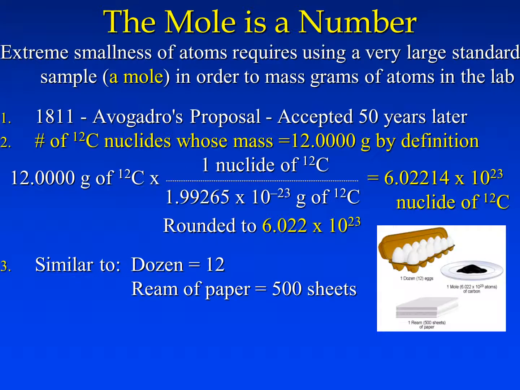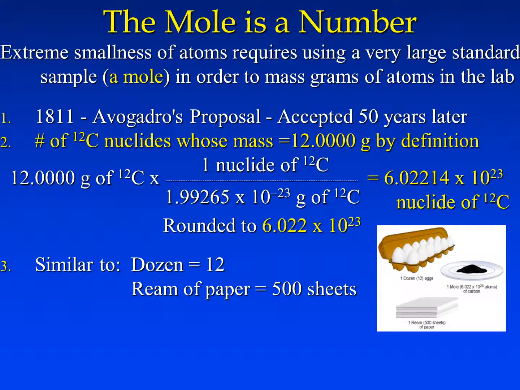Another thing you could say about the mole is simply this: it's just a large number with a name to it, just like a dozen. A dozen is the name of 12, and you could have 12 anything, 12 eggs, 12 cars, 12 whatever. A ream of paper is another name for a number.